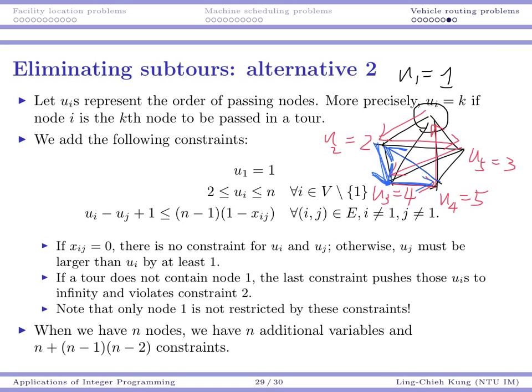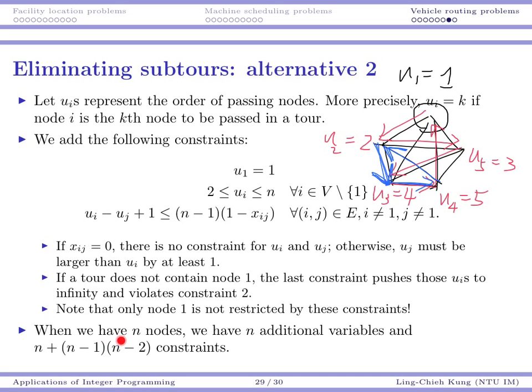How about the largest cycle? The feasible tour is not going to have this trouble because node 1 is not restricted by these constraints. So the only tour that is feasible is the largest tour, which is what you want.